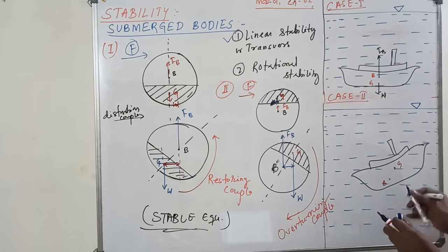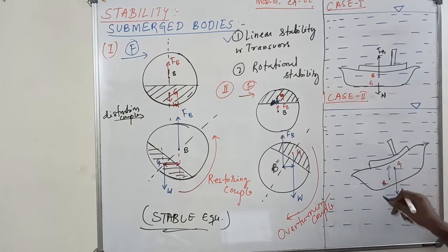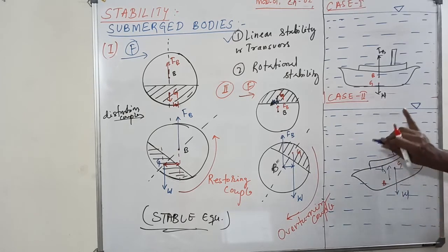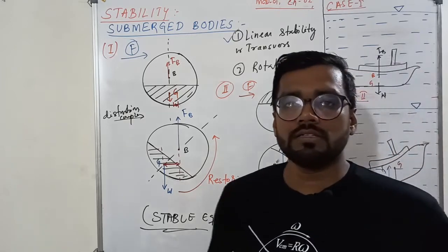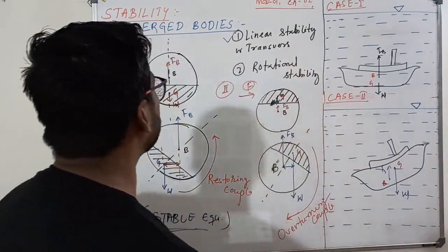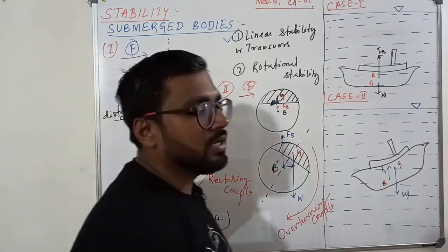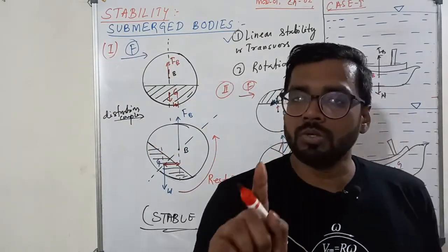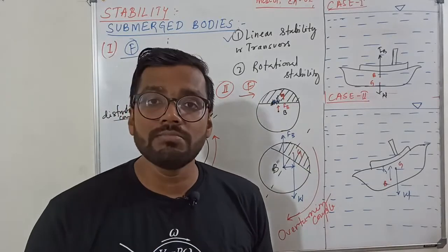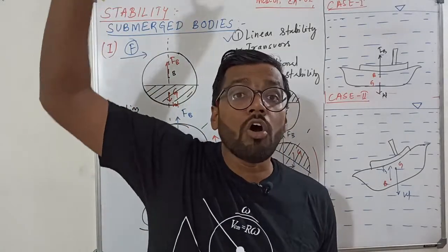Your weight is acting vertically downward and the buoyancy force vertically upward, and this will tilt the submarine. So it will come to which equilibrium? Unstable equilibrium.